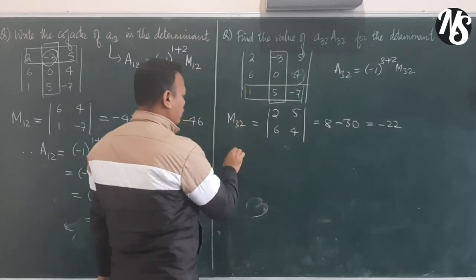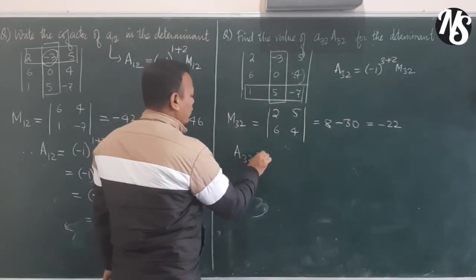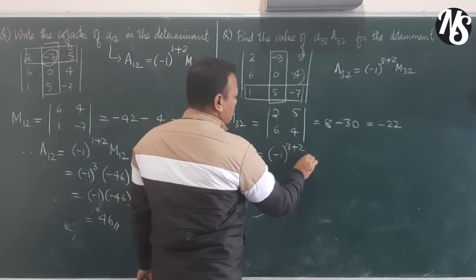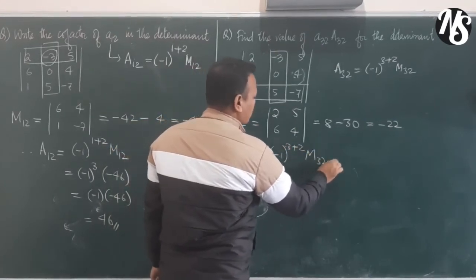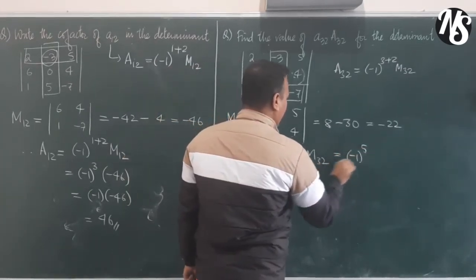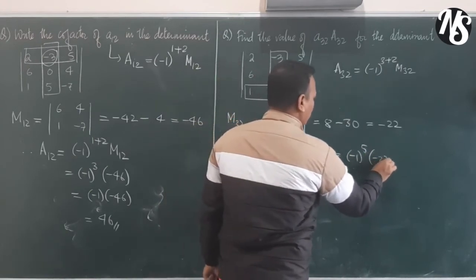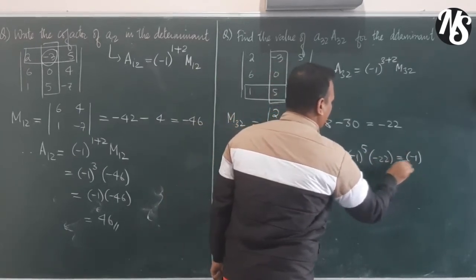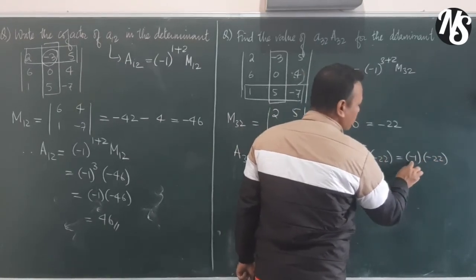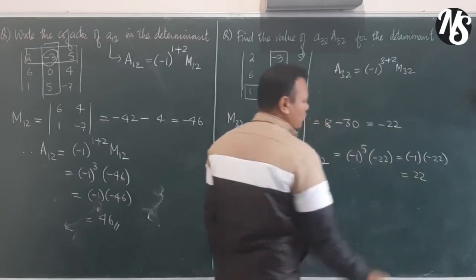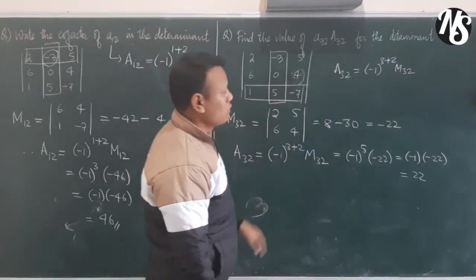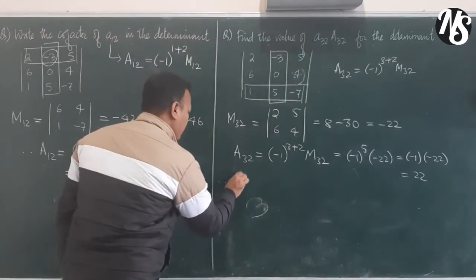Therefore, the value of A32 will be equal to minus 1 to the power 3 plus 2 times M32. So this is minus 1 to the power 5, M32 is minus 22. Now, this is again minus 1 into minus 22, so this is equal to 22. So I got the cofactor A32, but remember, we are asked to find small a32 into this.